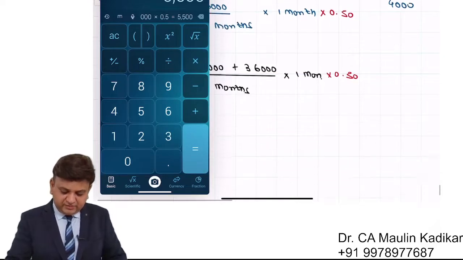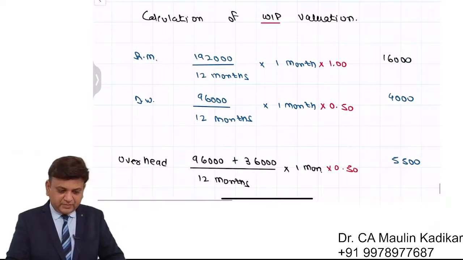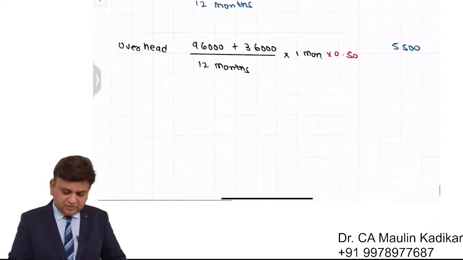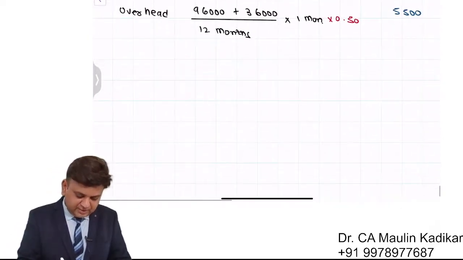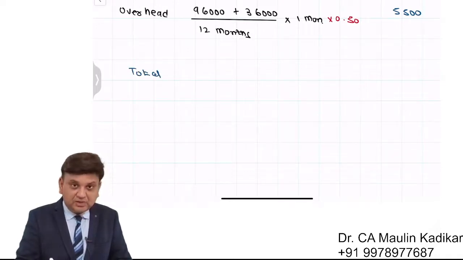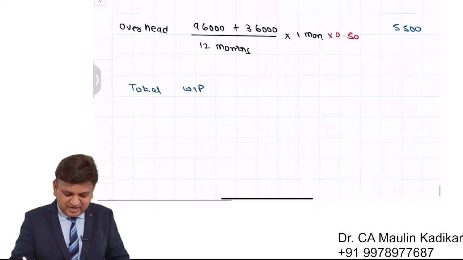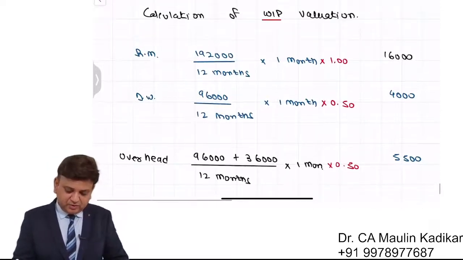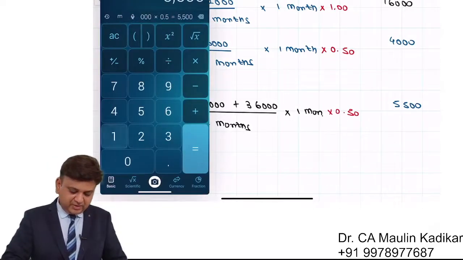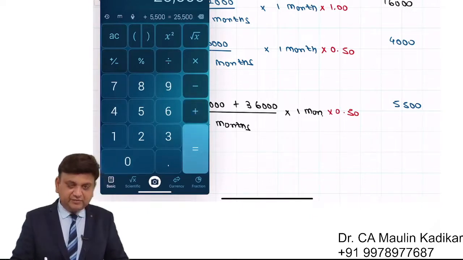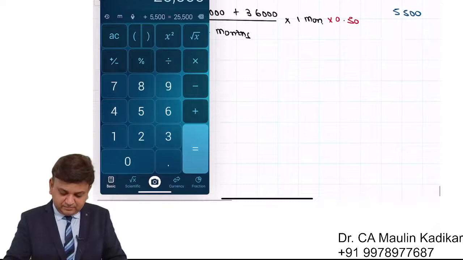That comes to 5,500. This is the way we compute the total WIP, and this total WIP will be useful to calculate the working capital requirement. 16,000 plus 4,000 plus 5,500 is 25,500.